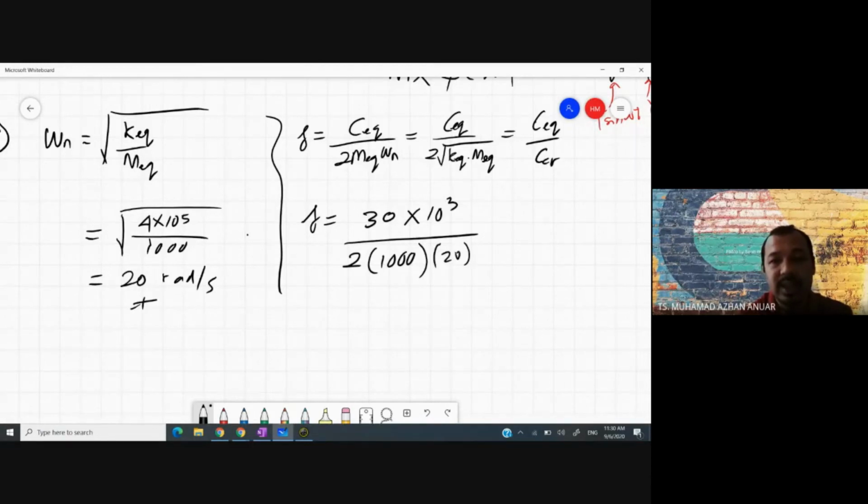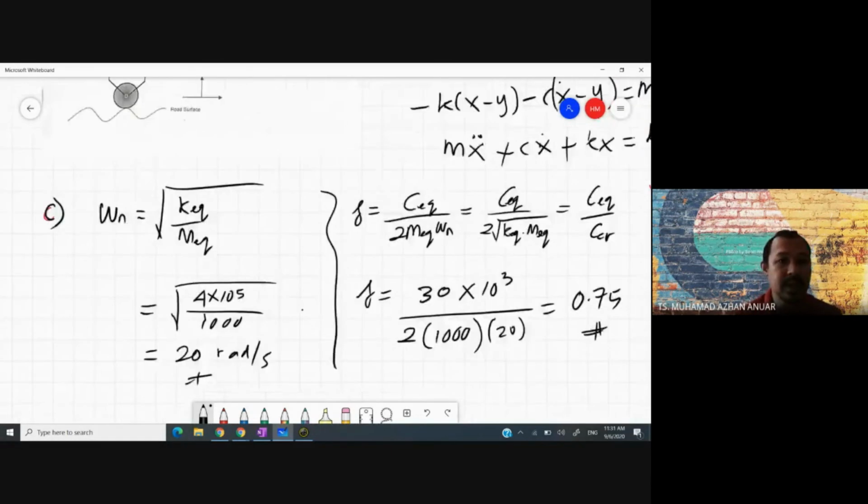If we calculate this, you get 0.75. So this is an underdamped system. Why underdamped? Because zeta is between 0 and 1. So that is question C.